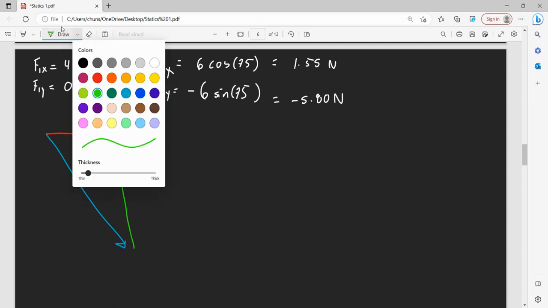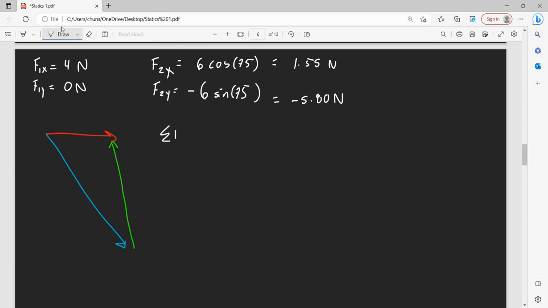So let's start with our magnitude. Let's get our sum of our fx's, which is equal to 4 from 1, and 1.5 from 2, which equals 5.55 newtons. 0 minus 5.8 is negative 5.80.